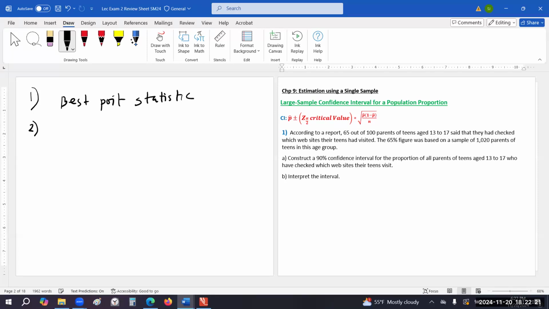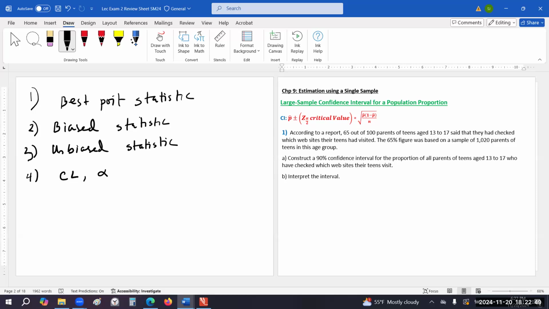And then, what is one example of a biased statistic? What is one example of an unbiased statistic? What's the relationship between confidence level, alpha, which is significance level, and confidence interval?